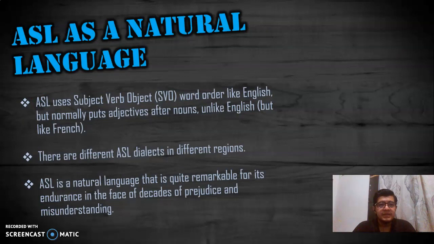American Sign Language as a natural language. To conclude, I will say that American Sign Language was considered thousands of years ago as not a language, because you only use some movements, some signs.